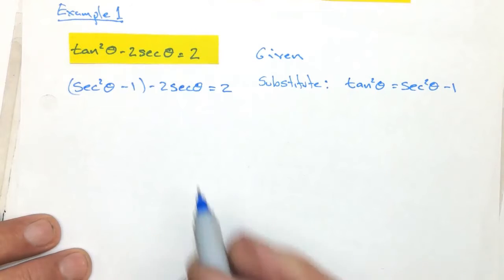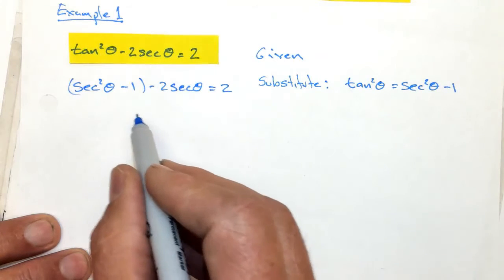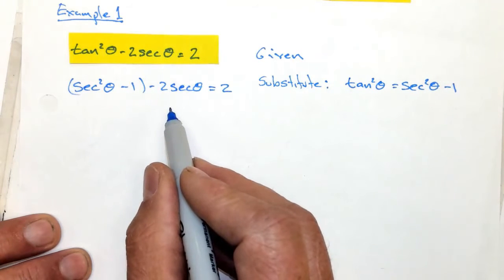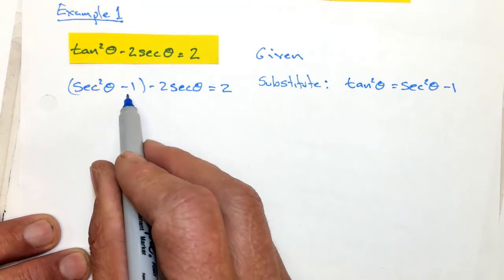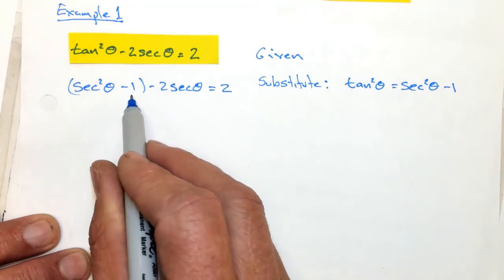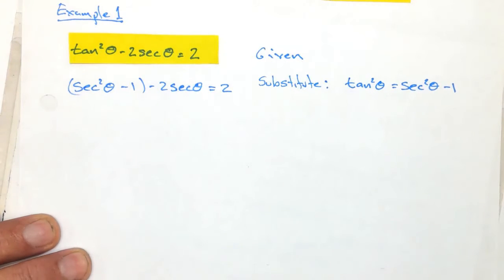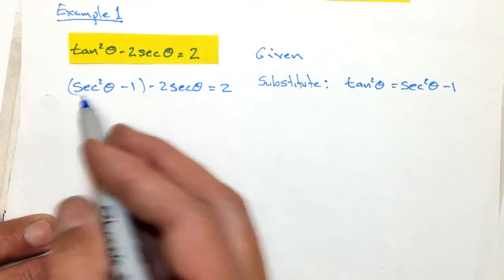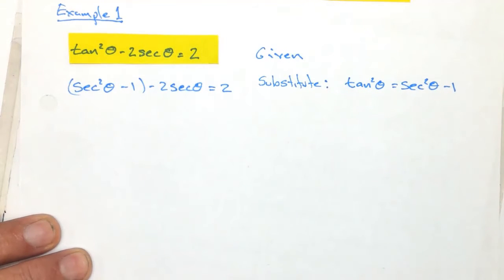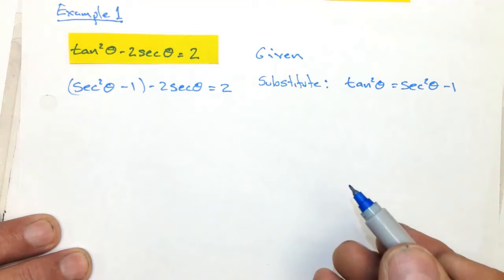Okay, now I just have to simplify this. I have a minus 1 here and a 2 there. This is not really in standard form. You can leave your secants in there, but it might be easier just to use a variable.